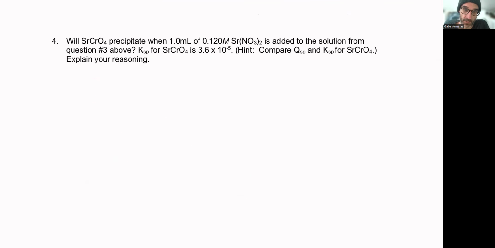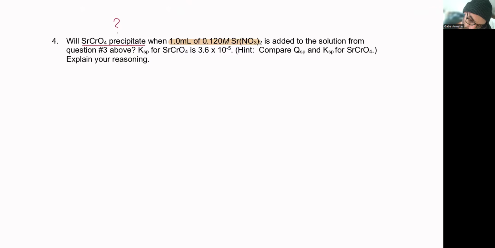All right, so next one. Will strontium chromate precipitate? Okay, so the question is, will strontium chromate precipitate? And this is a question of K versus Q. When 1 mL of strontium nitrate is added to the solution from 3 above.